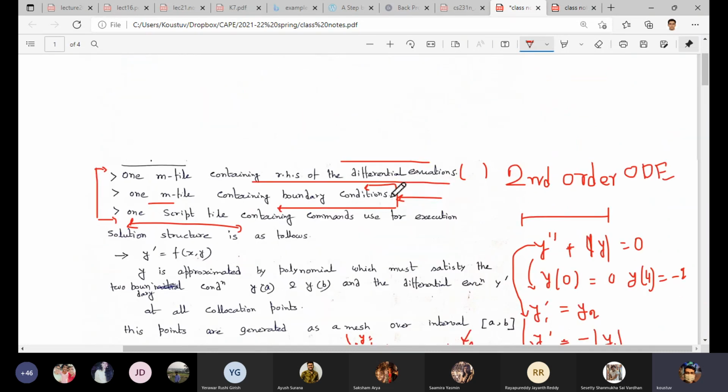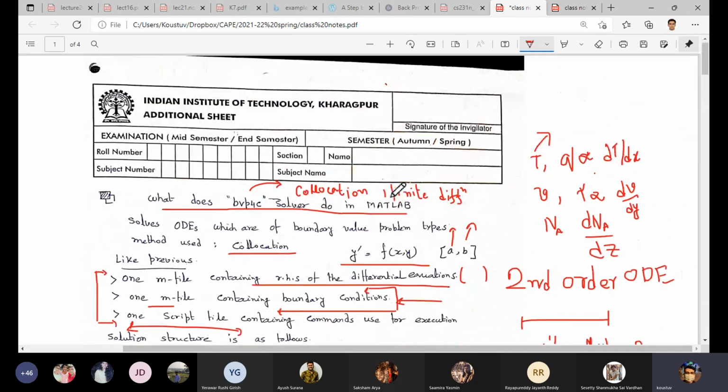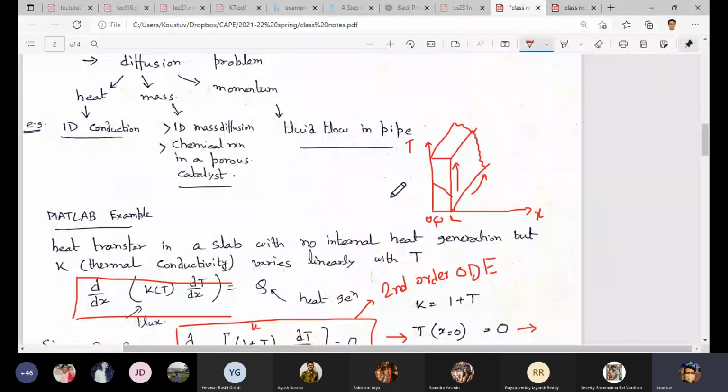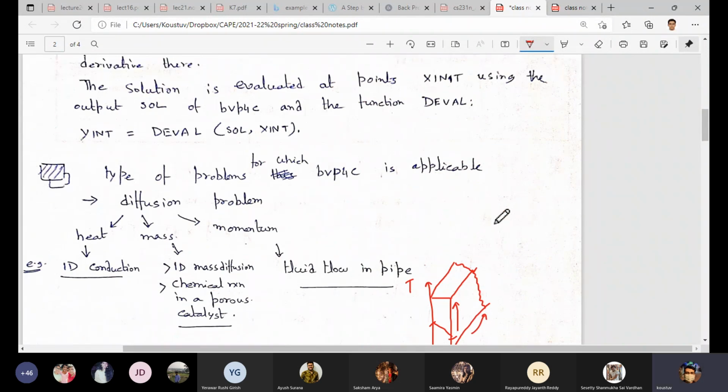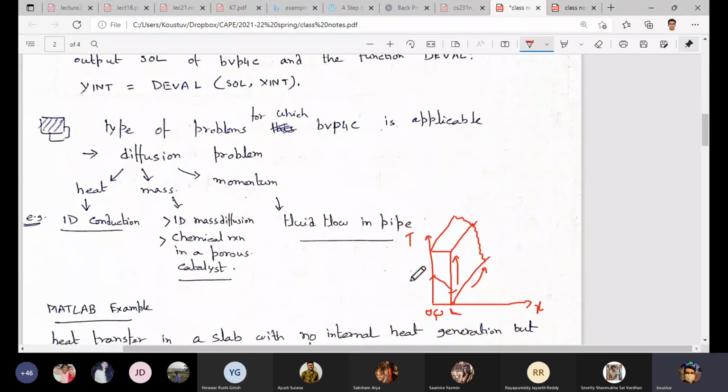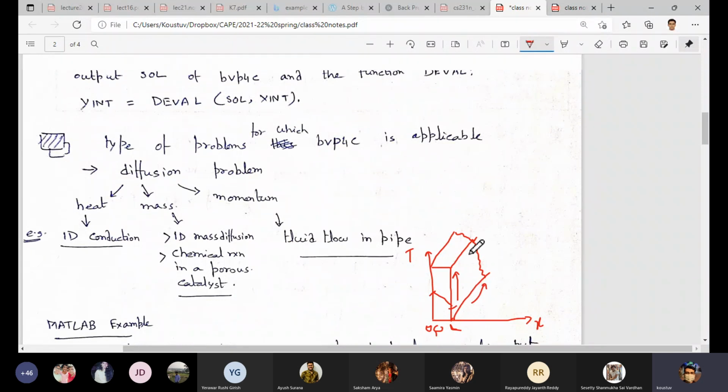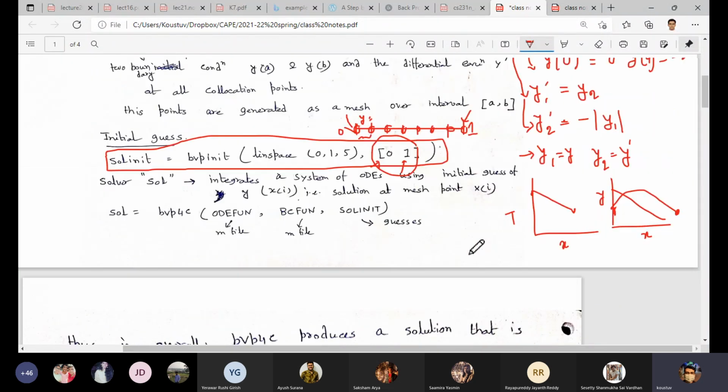In a steady state heat conduction problem, you know that the temperature profile will be linear, and not only linear, but it will also lie between these two points, right? So at least the initial guess that you are providing should contain one of the ends. So that is one trick.